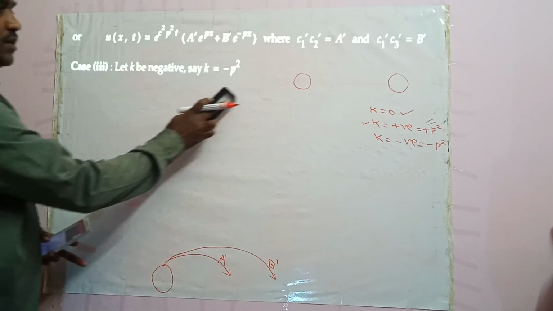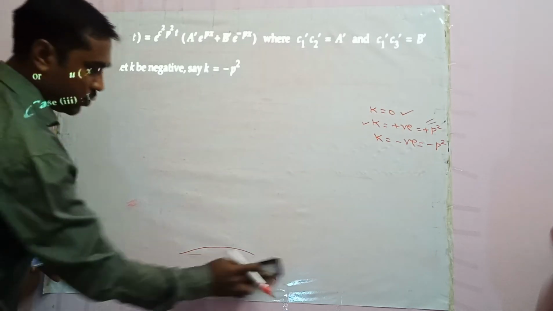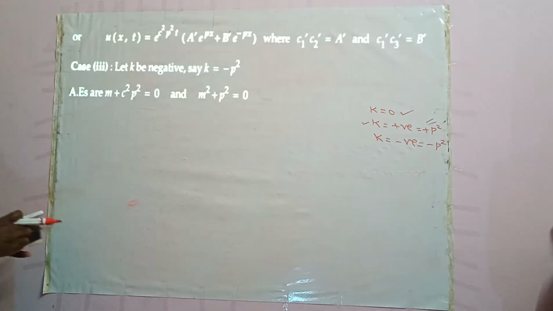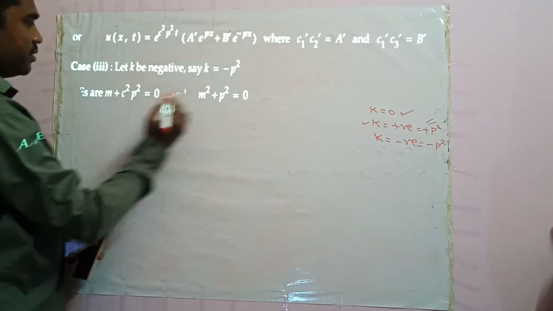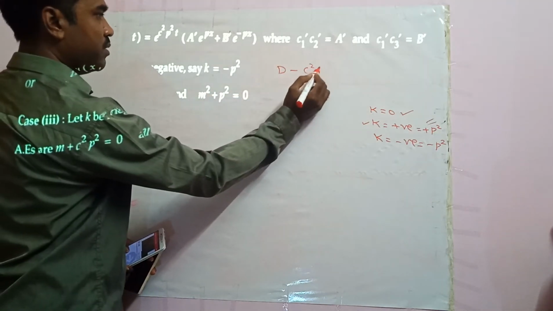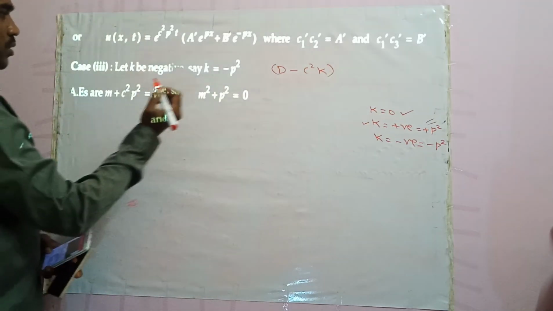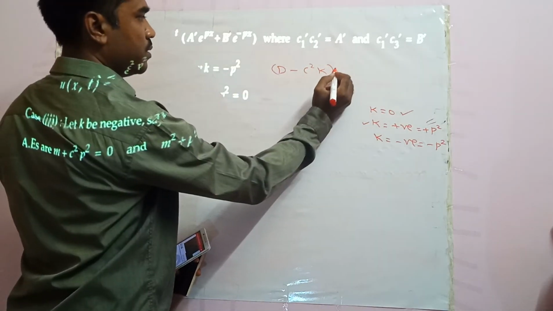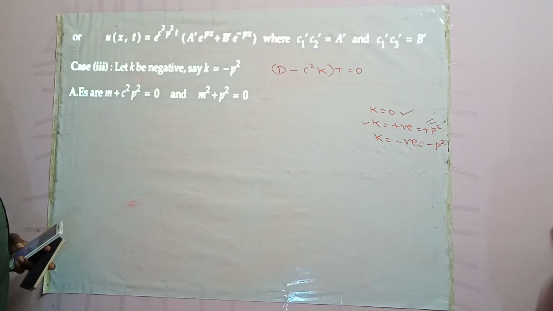So let us go for the third case, when k is negative. What we had here was the differential equation D minus c square k into t is equal to 0, right?